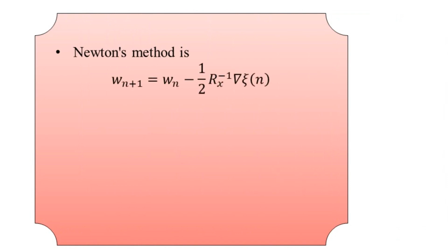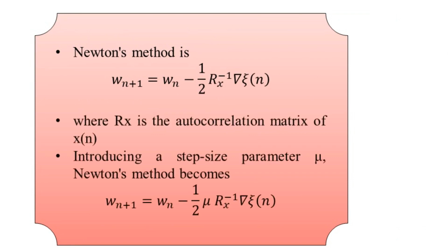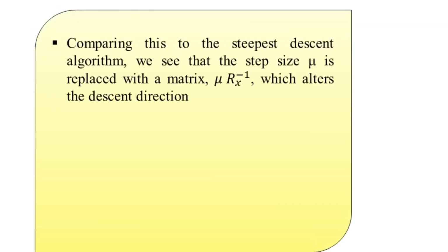Here is one equation, and with the help of the step size we have another update equation. We have to compare this with the steepest descent algorithm that we have just now solved a problem on, and we have also covered this topic in the third video of the same chapter.